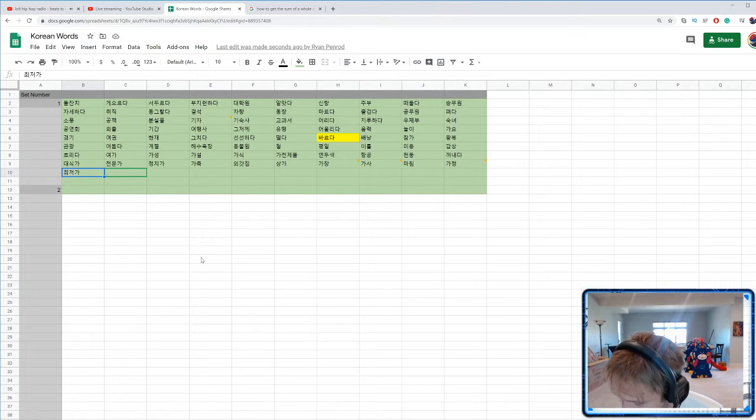As far as possible. 가급적. 가급적. Processing, manufacturing. 가공.